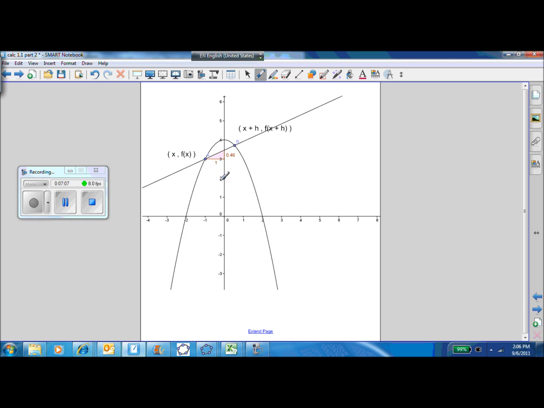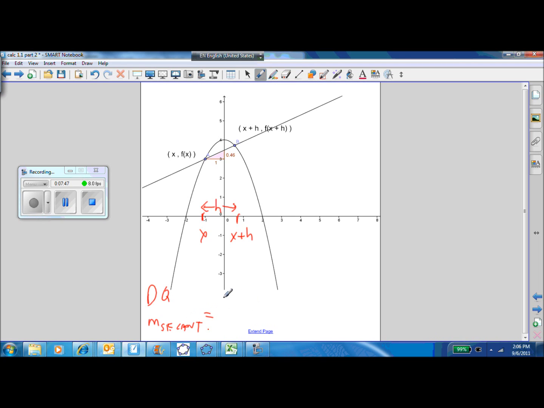Here's our x and f of x, where this is the x-coordinate, and this is the x-coordinate with h added onto it, so that this gap between the 2 points is h. And then the y-coordinate of this point is f of x, and the y-coordinate of this point is f of x plus h. So when we look at the difference quotient as the slope of the secant line, remember from geometry, that's where it crosses the function twice.